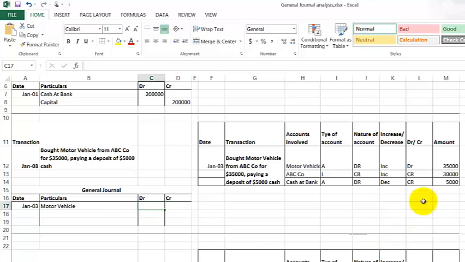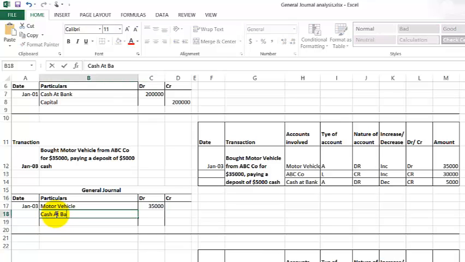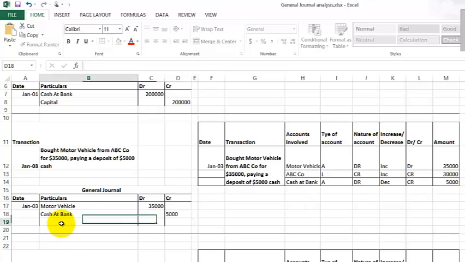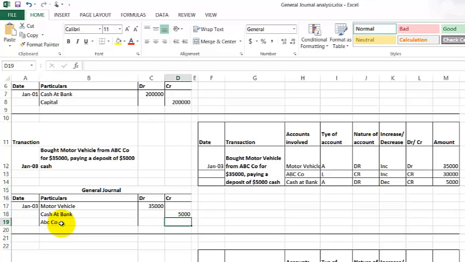Okay, we worked out that's going to be debit $35,000, so I'm going to stick that in there. The other particulars is cash at bank. Remember before we worked out there was a credit for $5,000. And lastly, we've got the liability to ABC Co for $30,000.